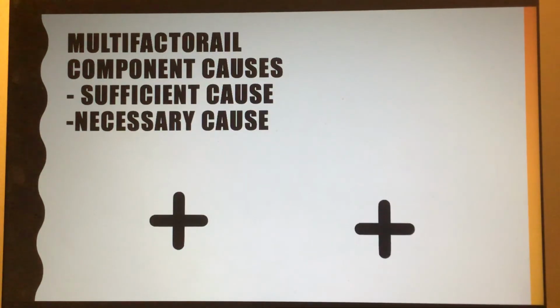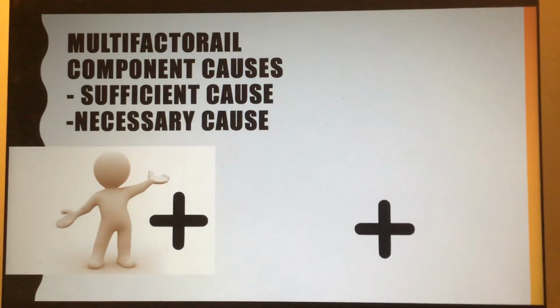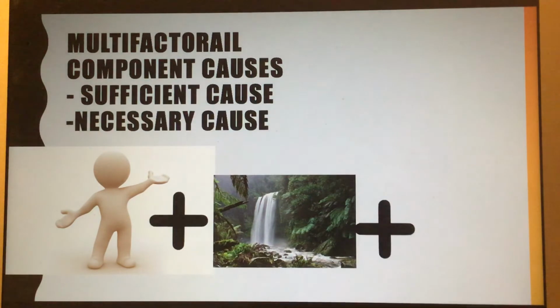So just now we mentioned that the classic epidemiological triad is not applicable to those multifactorial diseases. So what happens is that you will have component causes such as sufficient causes and necessary causes.